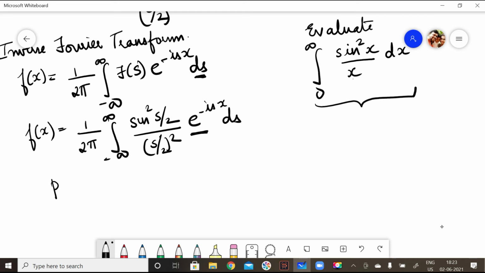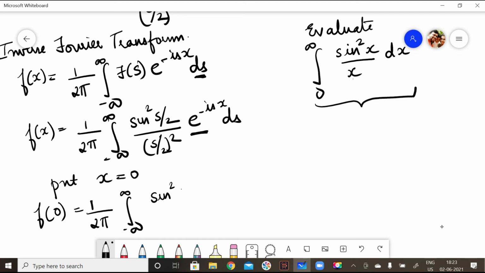I will put x equal to 0, because e to the power 0 is 1. So f(0) is equal to 1 by 2 pi, integral from minus infinity to infinity of sine square s by 2 by (s by 2) the whole square, times e to the power 0 which is 1, ds.